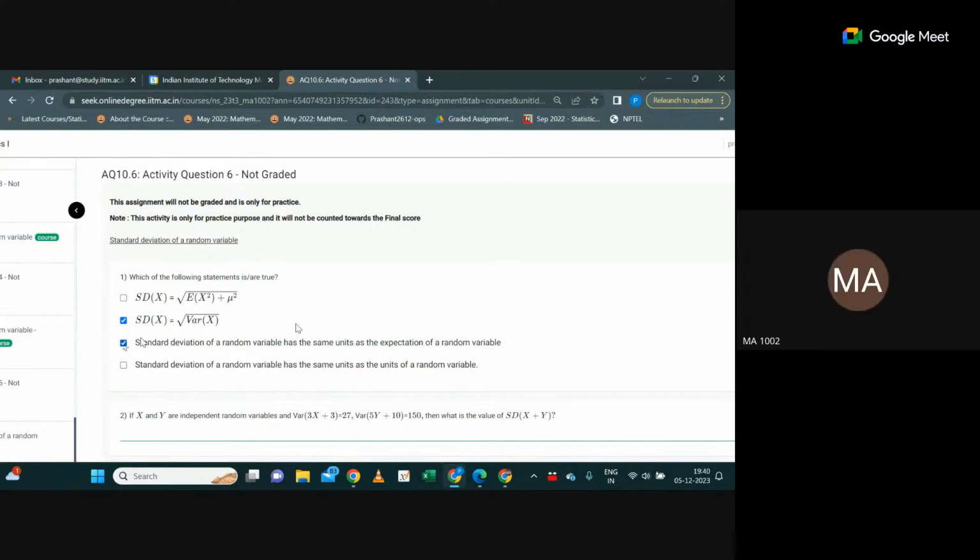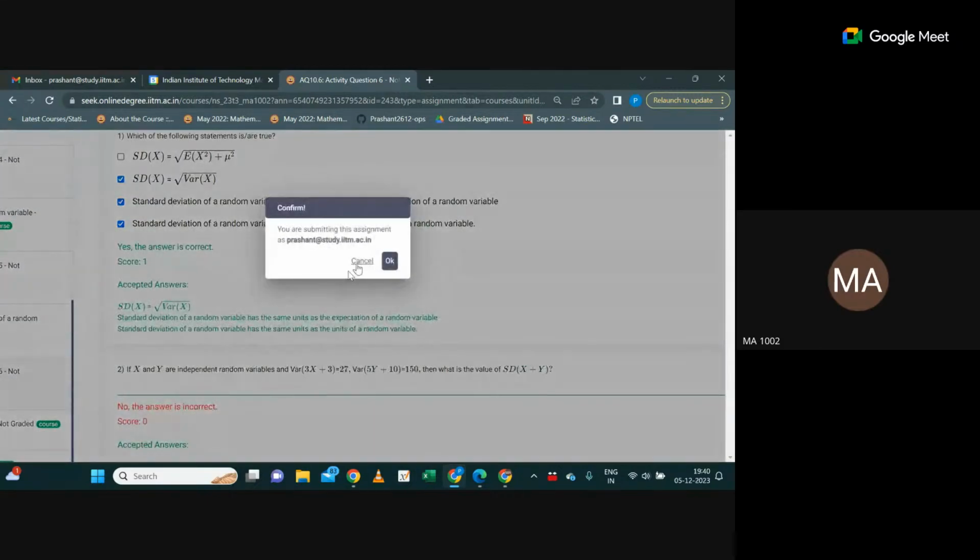Okay. What about question number 3? Standard deviation of a random variable. Take your time. Yes, option number C is also correct.